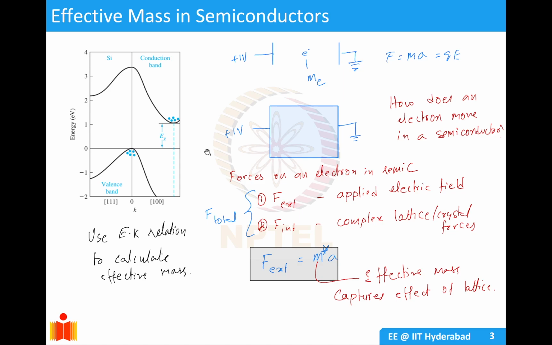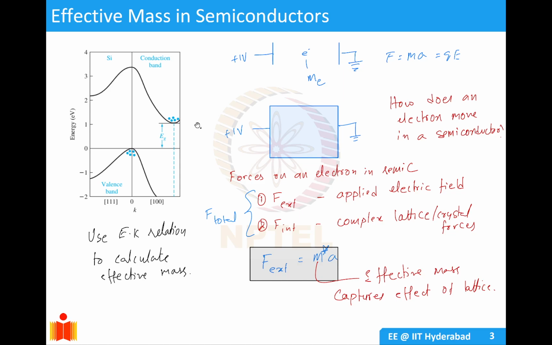Now we come to effective mass. When the electrons are non-interacting, their energy bands are flat and their mass is equal to the rest mass of the electron, m naught.